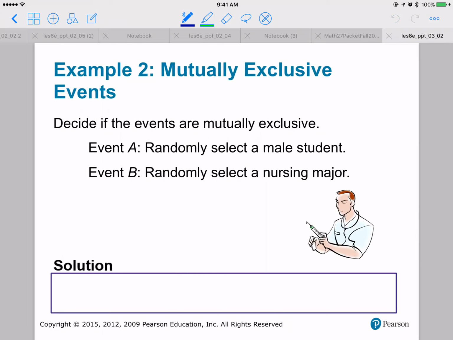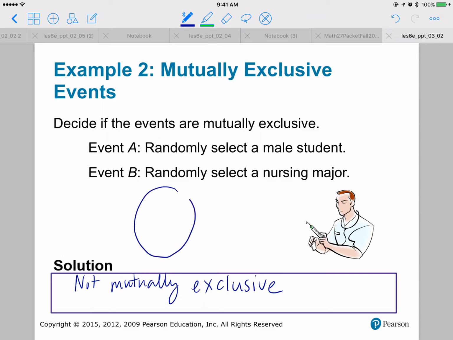Now let's look at another example. What if event A is randomly selecting a male student and B is randomly selecting a nursing major? These are not mutually exclusive because if we were to draw a Venn diagram, A is selecting a male student.